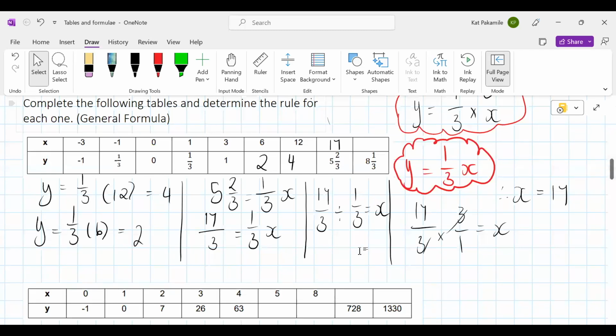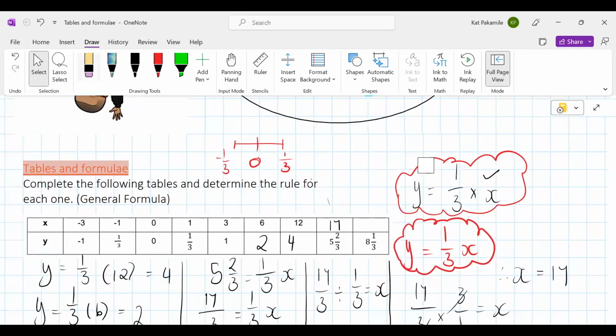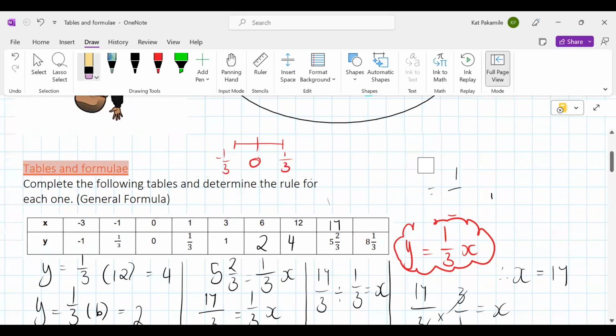Does anyone have an answer for us for 8 and a third? Karabo says 23. Let's check. Let me check up here because I'm running out of space. Okay, I think I can erase this now because I wrote it down. By the way, if you've been looking at the next question while I've been explaining, it is a special sequence. So think about those special number patterns that we were doing.